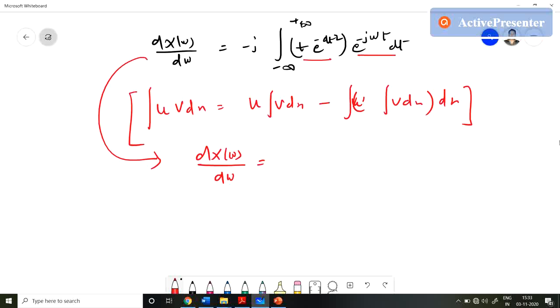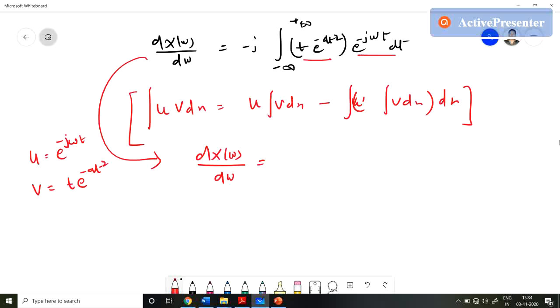So we can take u as e raised to the power minus j omega t, and v as t e raised to the power minus a t square. Now let us solve this.